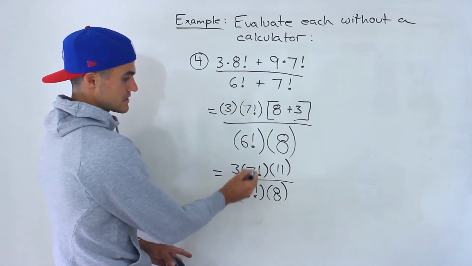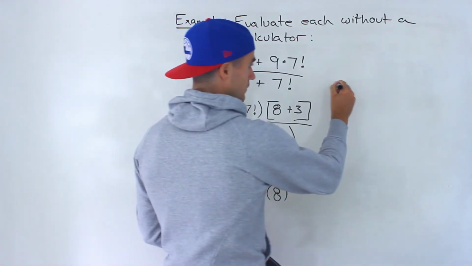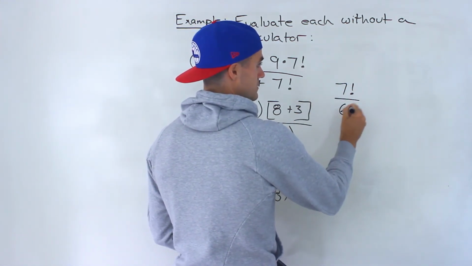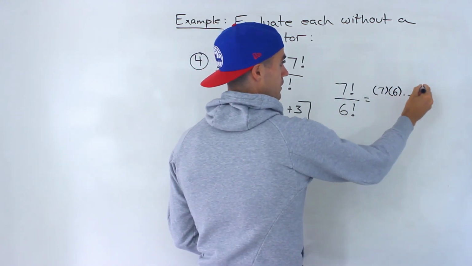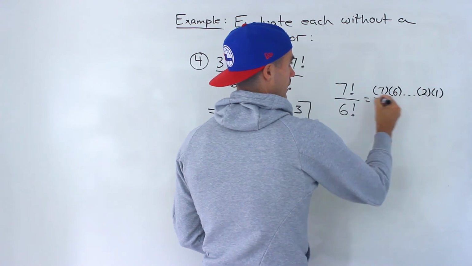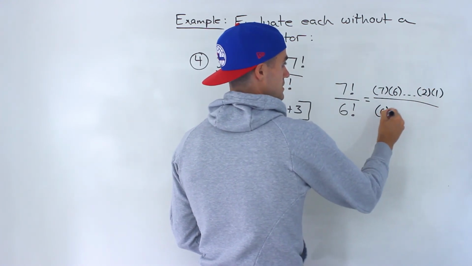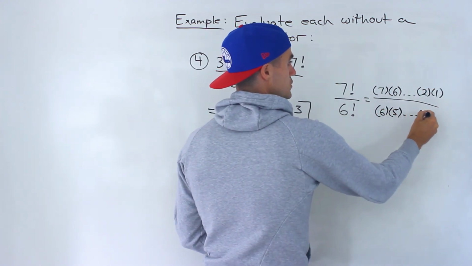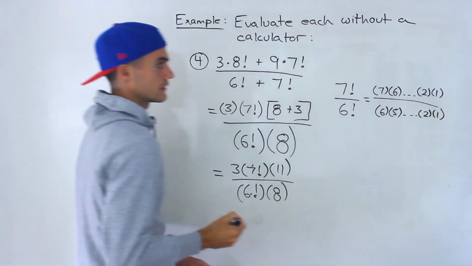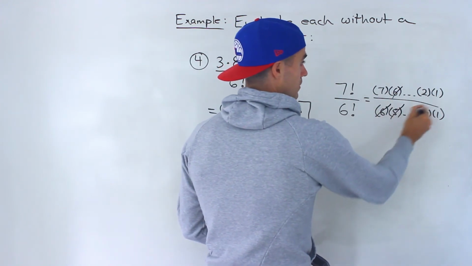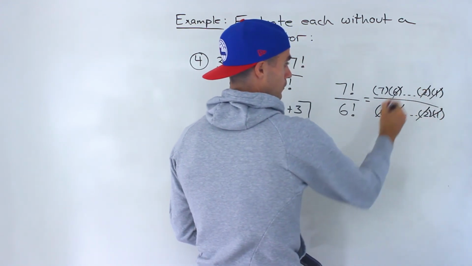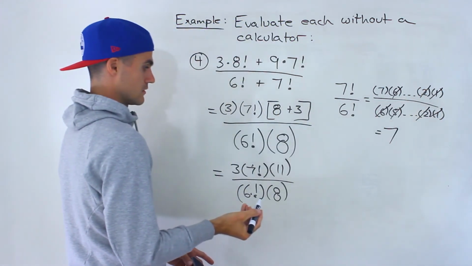Now from here, 7 factorial over 6 factorial, what does that simplify to? Well, we'd have 7 times 6 all the way to 2 times 1. And then we'd have 6 factorial, which is 6 times 5 all the way to 2 and 1, like that. So notice the 6 factorials cancel out, all those elements. And we're just left with a 7.